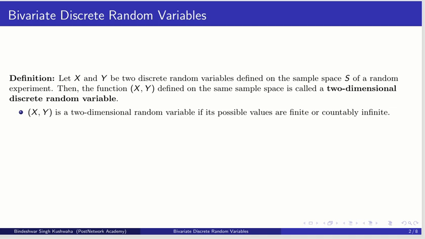And (X, Y) is a two-dimensional random variable if its possible values are finite or countably infinite. That means it is just telling about discrete.